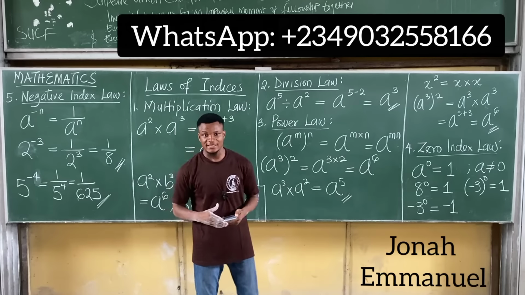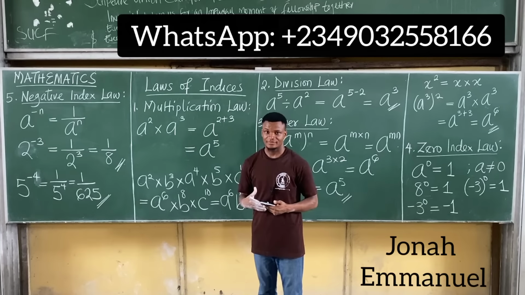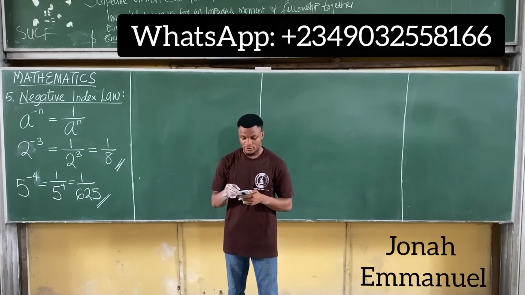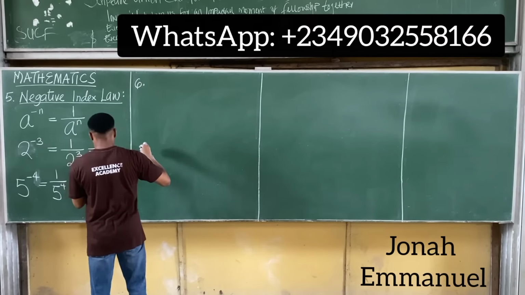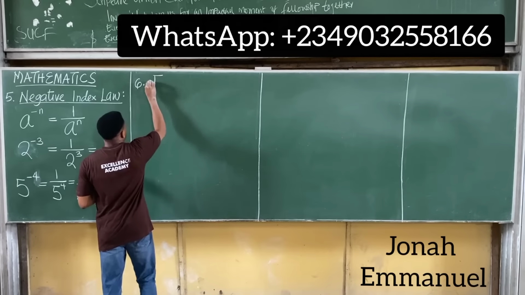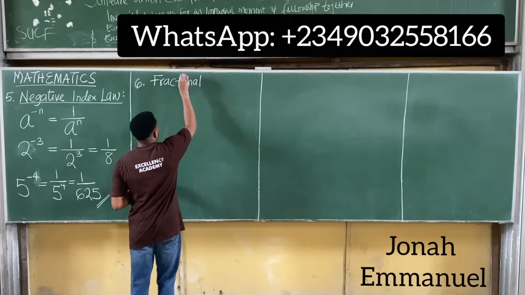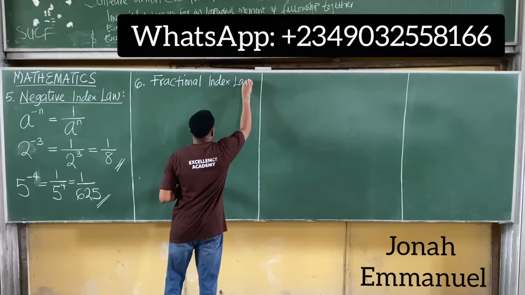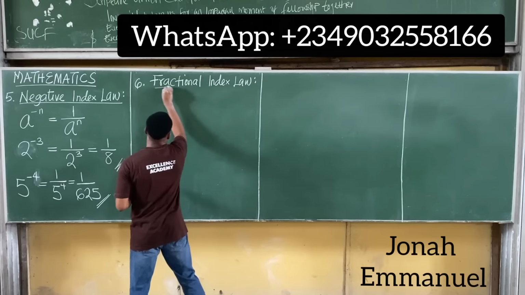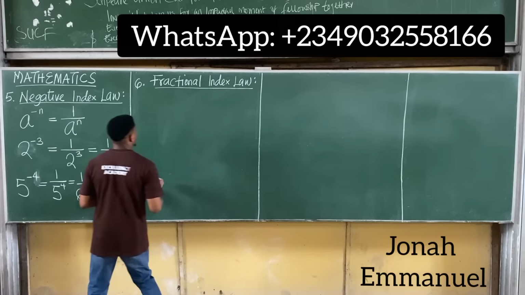All right, let's look at yet another law of indices, the number 6. Let's look at what is called the fractional index law. From the fractional index law, the mathematical form is this.